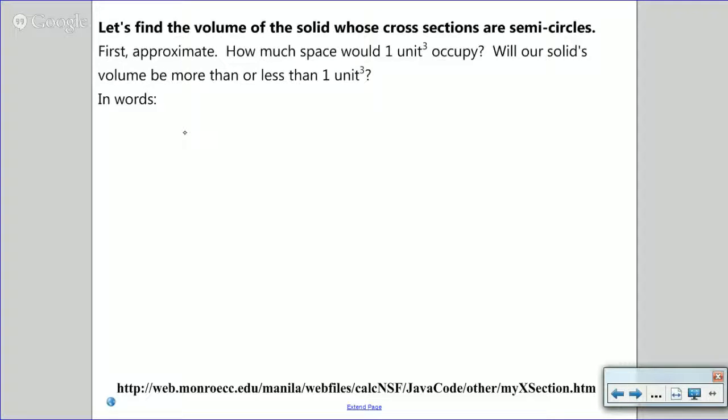So in words, again, if I want to find the volume of this solid, I want to sum up a whole bunch of semicircles, right? So an infinite sum, going from x equals 0 to x equals 1 of a whole bunch of semicircles, each of whose depth is this teeny tiny dx.